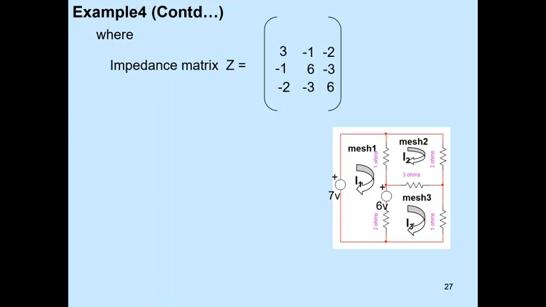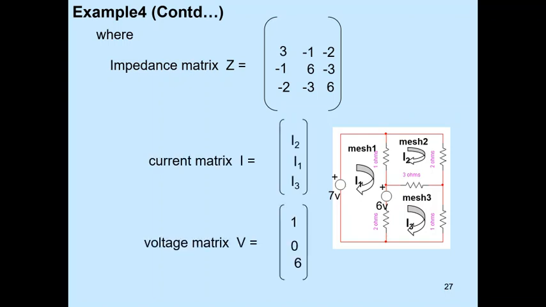See, the impedance matrix is 3, minus 1, minus 2, minus 1, 6, minus 3, minus 2, minus 3, 6. The current matrix is I1, I2, I3 and the voltage matrix is 1, 0, 6.